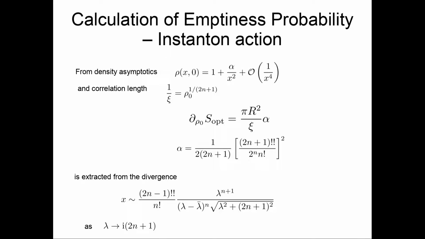However, there is a very smart trick devised by Abanov, which relates the variation of the action with respect to the mean density to the behavior of the density at large distance. And this behavior can be obtained by looking at the higher order, the most divergent term in this expansion of the right-hand side, which looks like that.